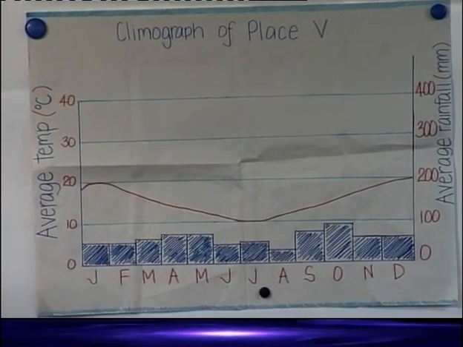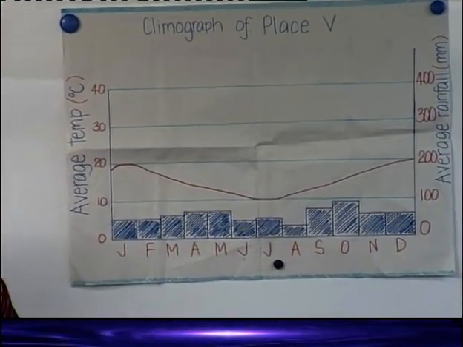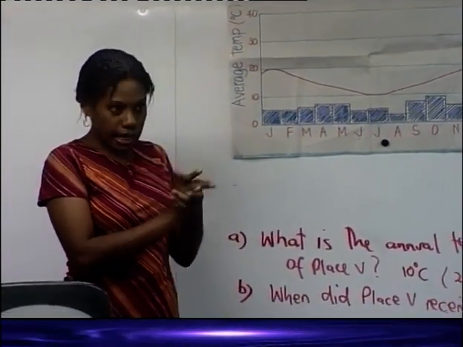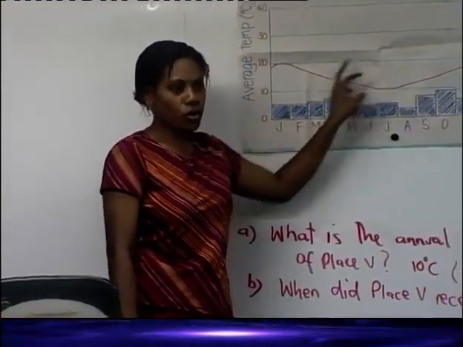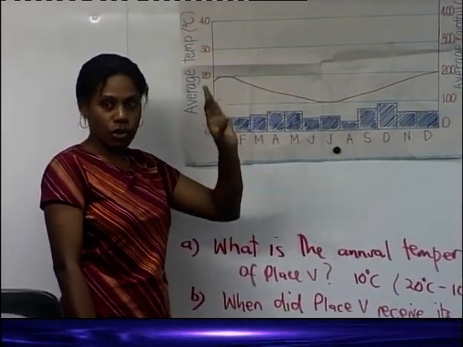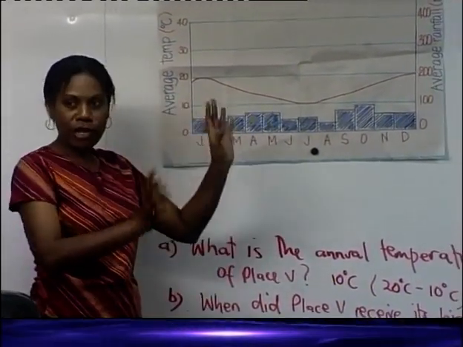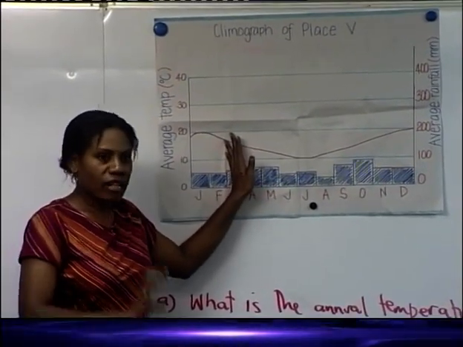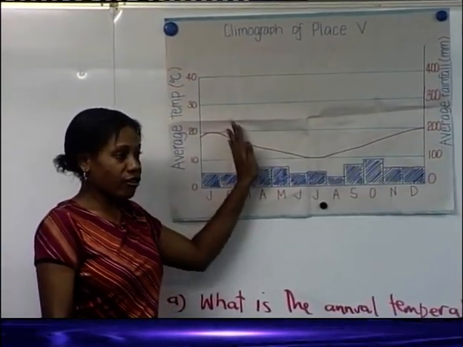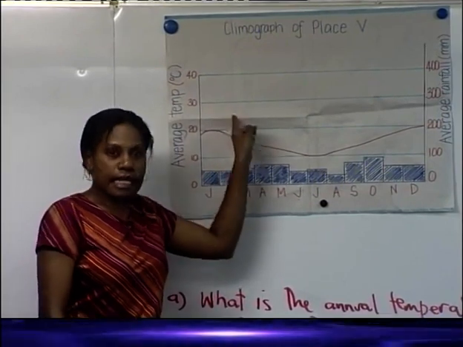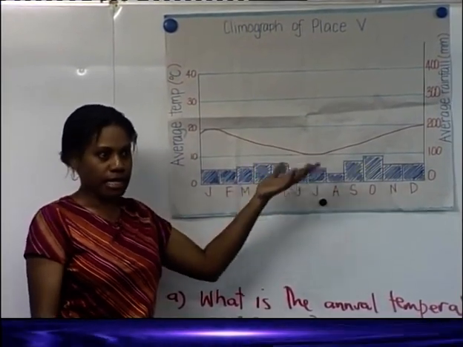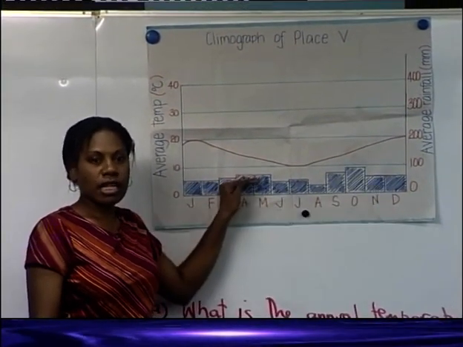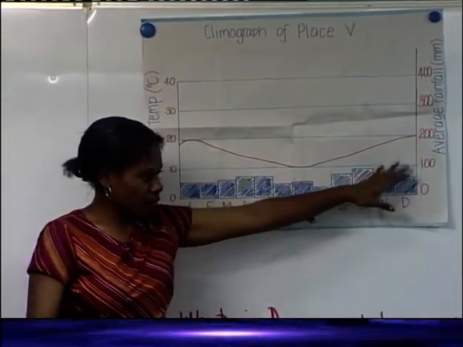Again, a climate graph, or climograph, shows two sets of information: a line graph and a column graph. A line graph shows the temperature readings of a place. A column graph shows the rainfall measurements of a place.